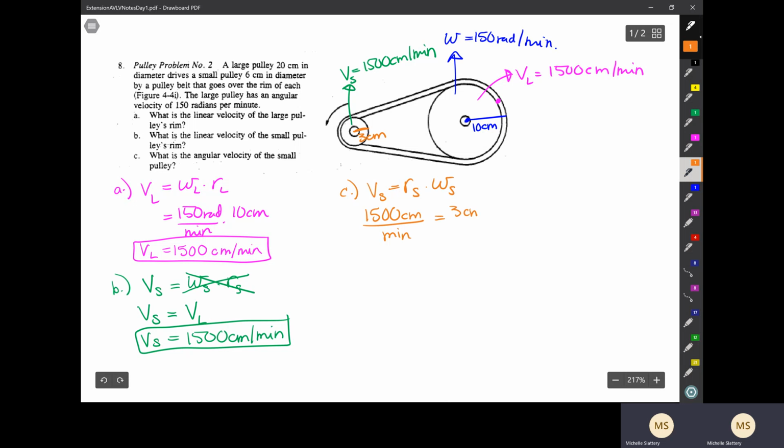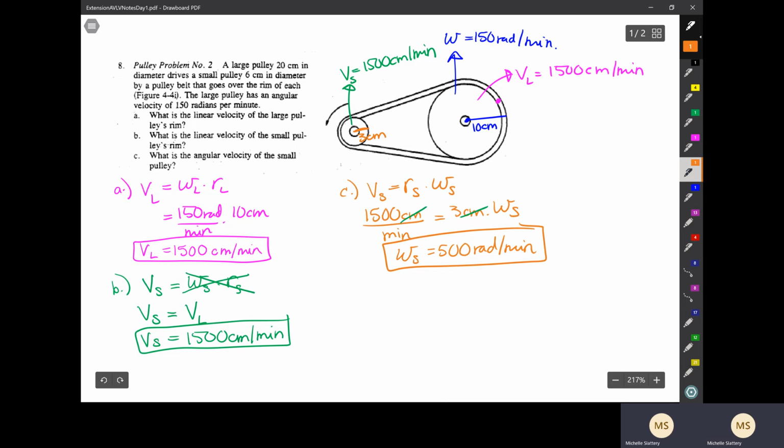I have 3 centimeters times the angular velocity of the small. So my units match, my centimeters will cancel, and I'll just be left with radian per minute. That means that my angular velocity of the small, dividing by 3 on both sides, gives me 500 radian per minute.